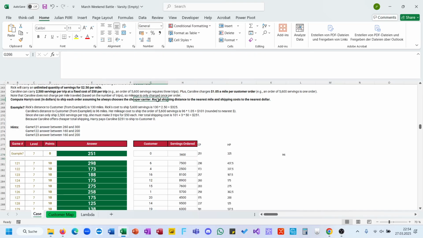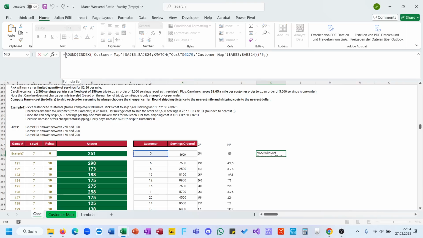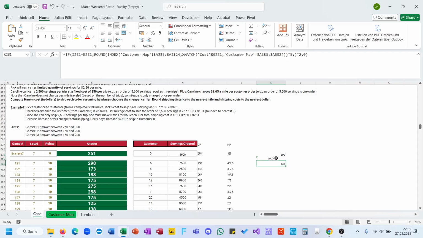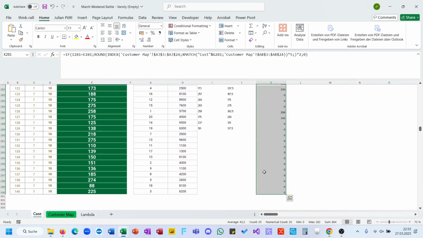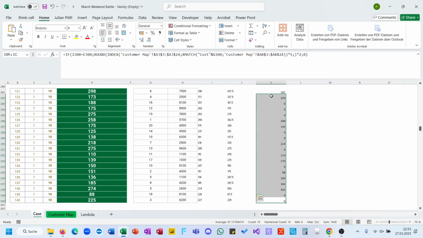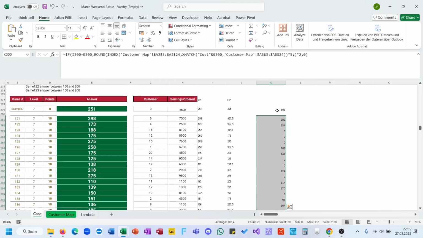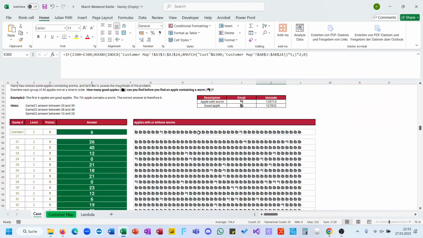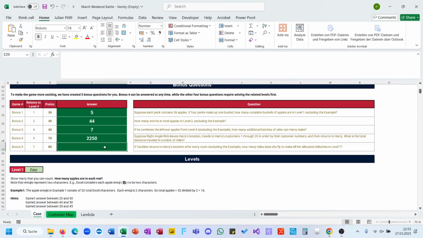But normally you ship distance to the nearest mile. So if this equals the minimum price, then this times 2 because she's traveling back, otherwise 0. Yes, I know. Drag this down. And the distance traveled by Carolina is 2,128 miles, which should be right.